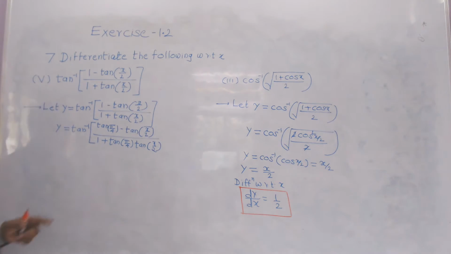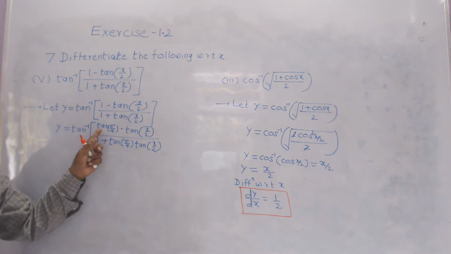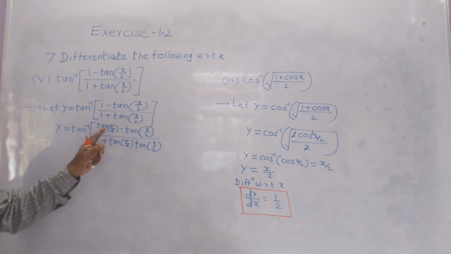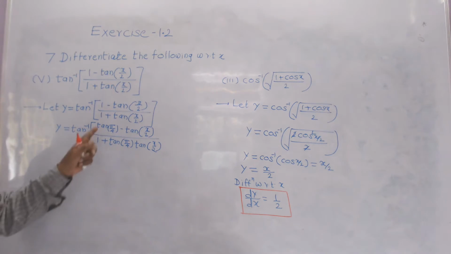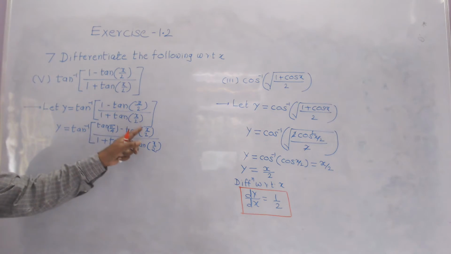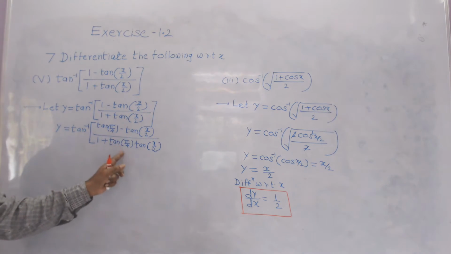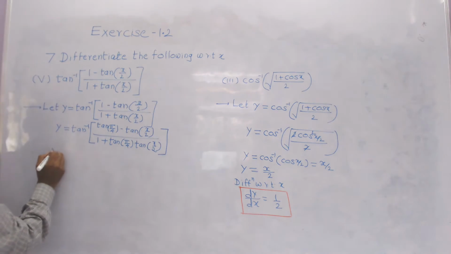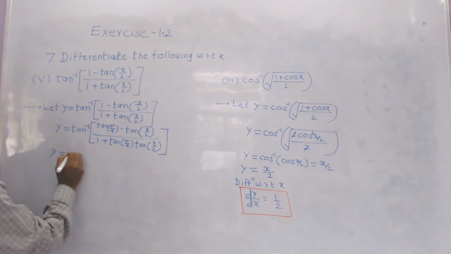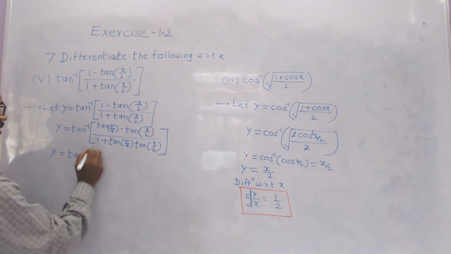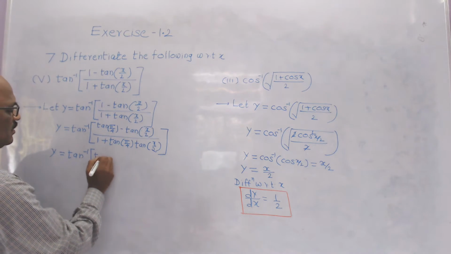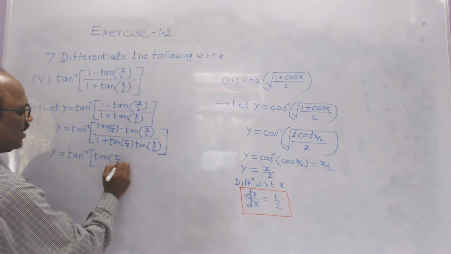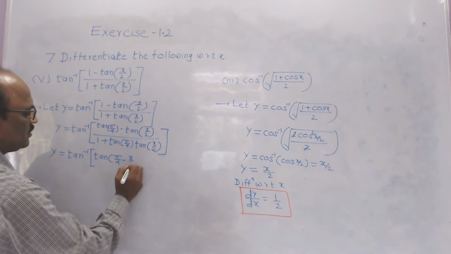And here we will apply the formula. What is that formula? Tan of x minus y is equal to tan of x minus tan of y upon 1 plus tan x into tan y. By using this formula, you will get here y is equal to tan inverse of tan of pi by 4 minus x upon 2.